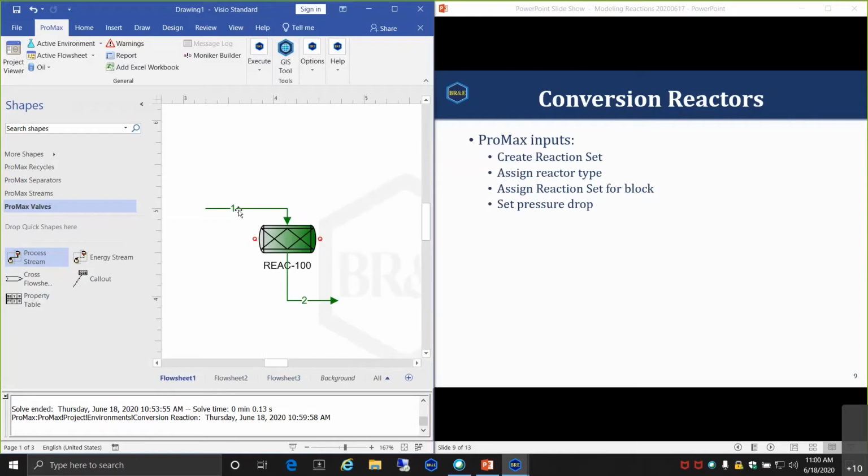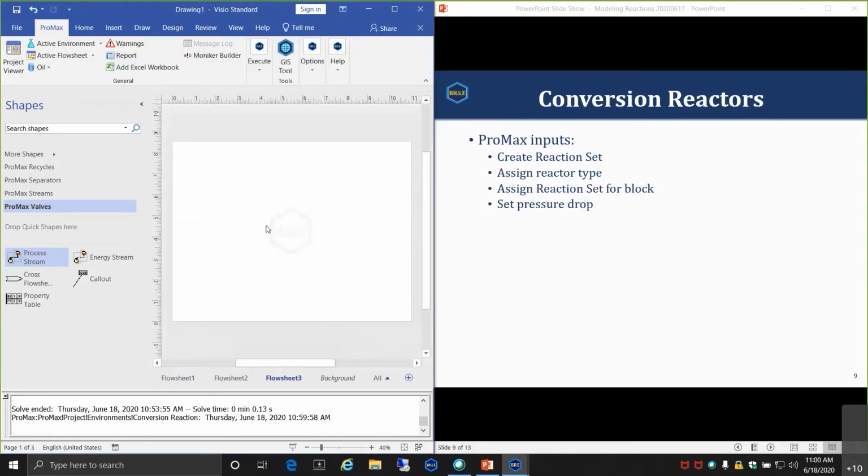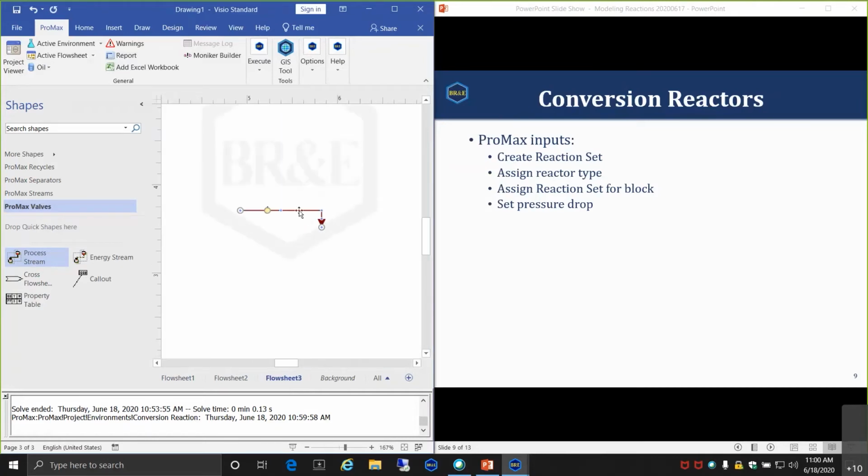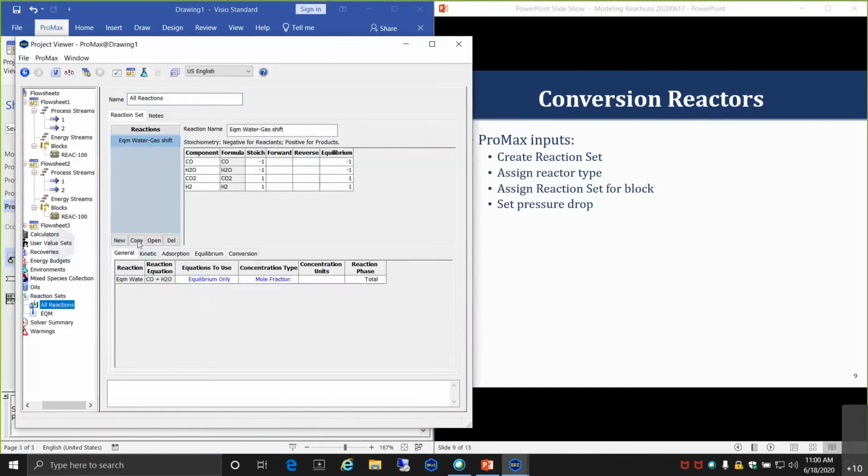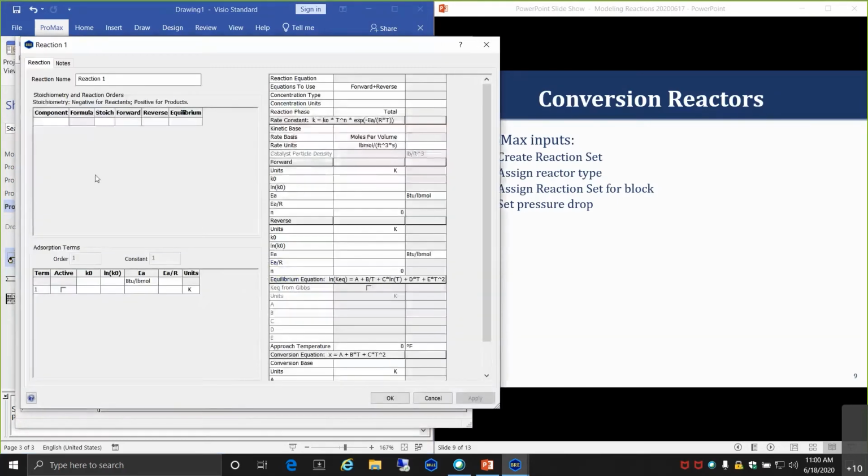We're going to take our stream 1 again and paste it in here. We need to create our conversion reaction set. So again, we come to our all reactions, and we're going to create a new one. And so our components are exactly the same.